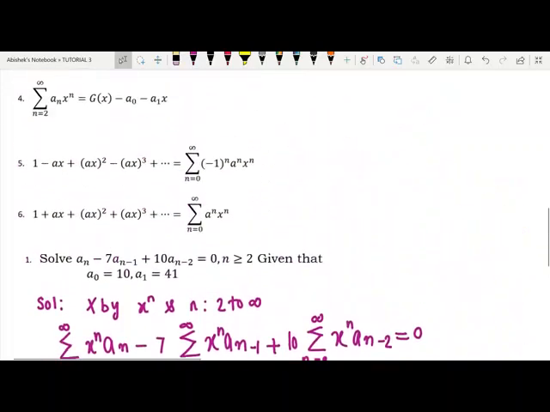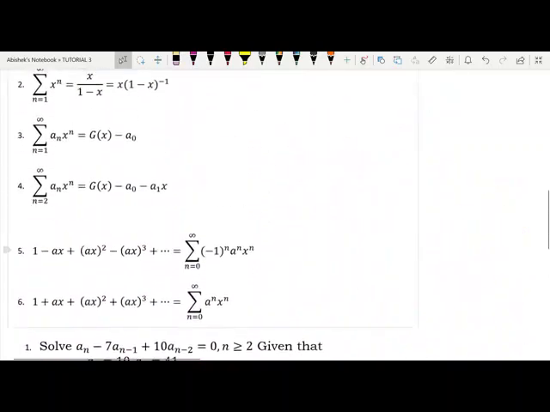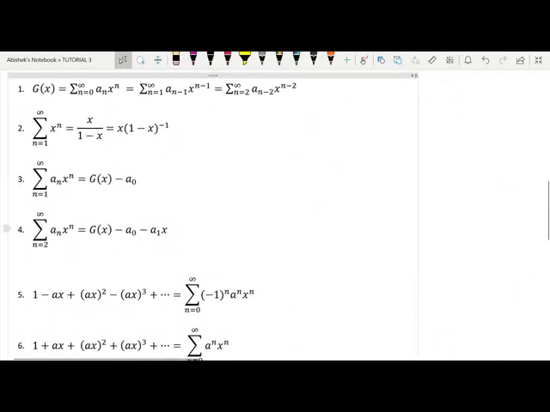From the above standard results, we can write n equals 1 to infinity a n minus 1 x power n minus 1 as g of x.